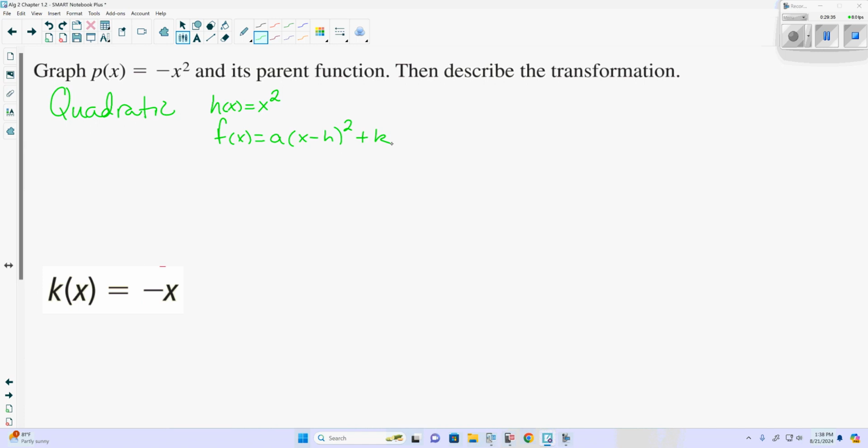And since the value of a is negative, this is a reflection across the x-axis. That's it. Questions on this here?